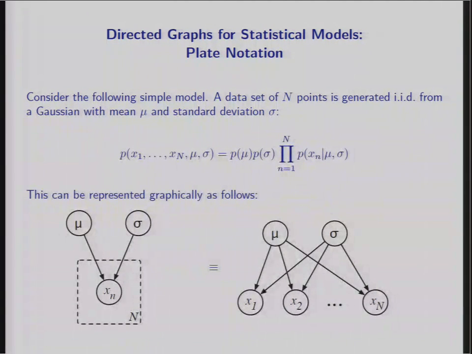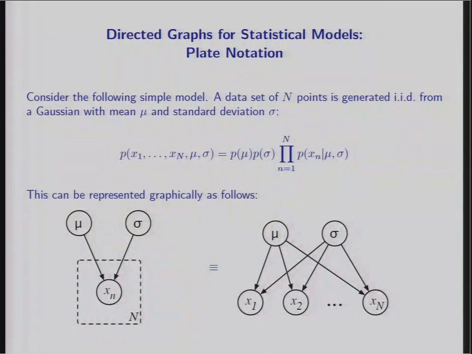We can rewrite that as a graph. And that graph looks like this. Mu and sigma are the parents of x1 through xn. And now, because often in graphs like this we have repetitions of variables, so we have these x1 through xn with this dot, dot, dot notation, a more concise notation is this thing called a plate, which just puts, in this case, a dashed box around x with a label here that indicates the number of times this variable is repeated in the graph.